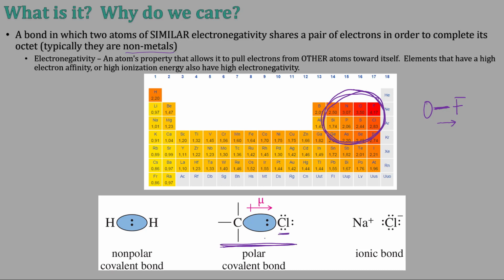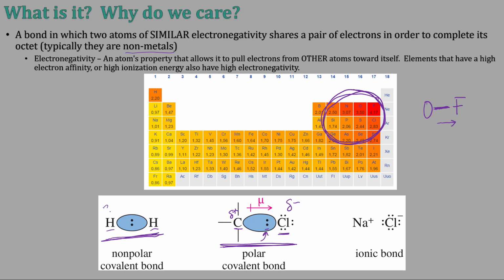That's what we call a polar covalent bond. So we've got chlorine and carbon, and they're sharing these two electrons, but they're closer to chlorine because chlorine's more electronegative. So this side is slightly negative while we leave carbon slightly positive. Another type of covalent bond is a nonpolar covalent bond. Both hydrogens have the same electronegativity; this table says 2.2, I've always seen 2.1.